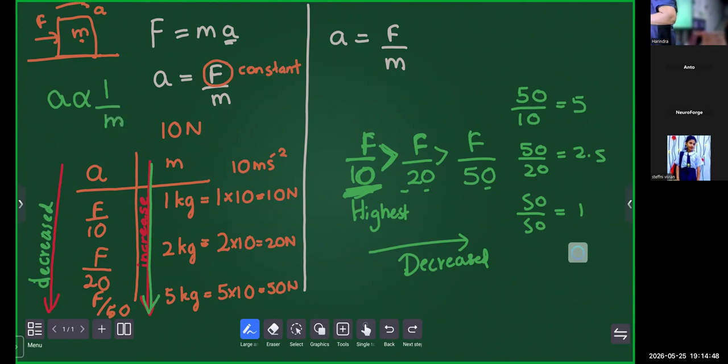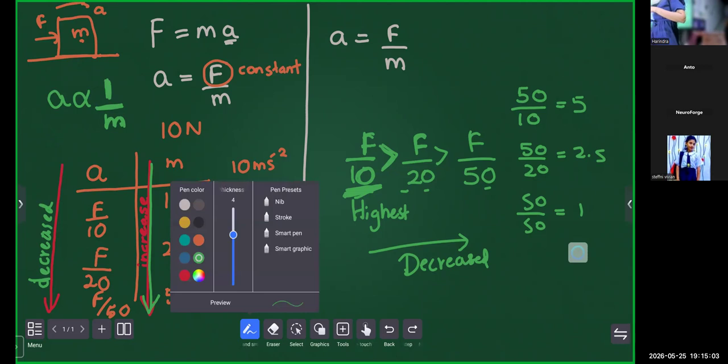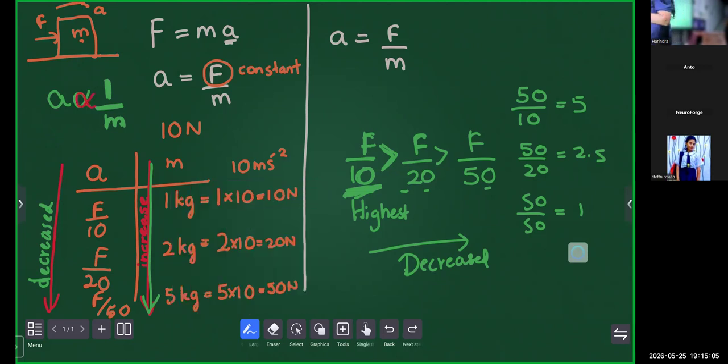You can see here, inverse. Understood, Amasha? Stephanie? That's why we call acceleration is inversely proportional to the mass.